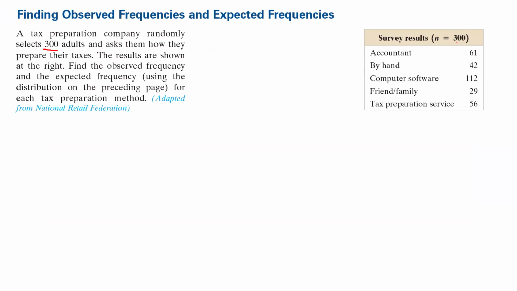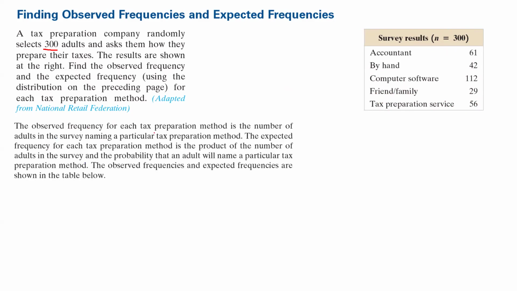So out of 300 people, 61 are using an accountant. Out of 300 people, 42 of them are doing it by hand. Out of 300 people, 112 of them are using computer software. Out of 300 people, 29 are getting help from friends and family. Out of 300, 56 of them use tax preparation services.